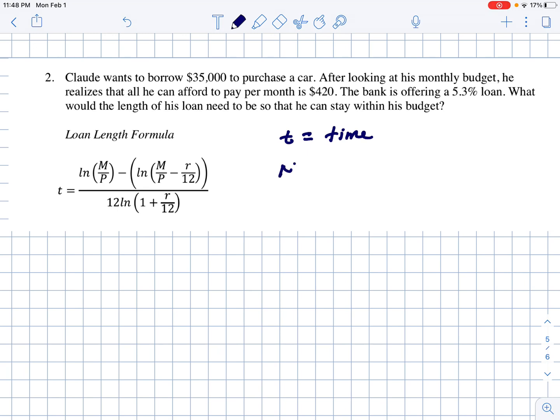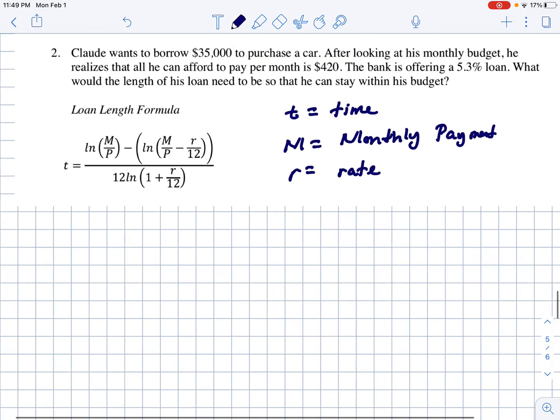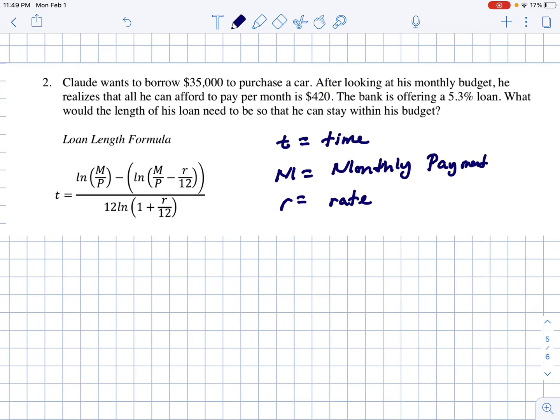Okay, M is monthly payment. Okay, R is the interest or rate. What else do we need in there? I think that's it. So our time, what we're trying to find, our monthly payment is, oh, we forgot our P, principal.